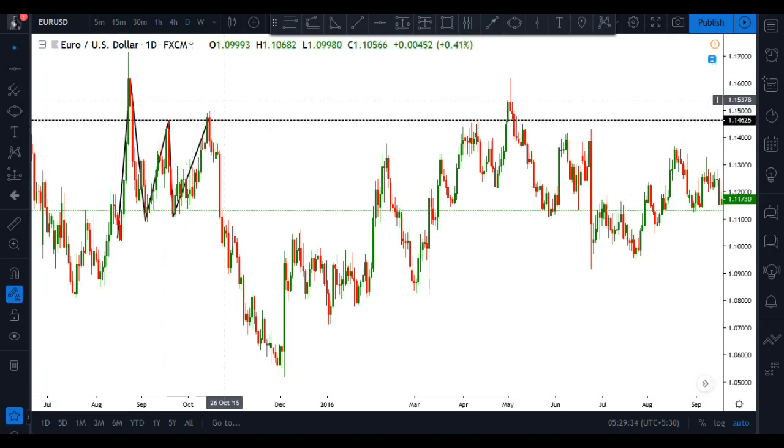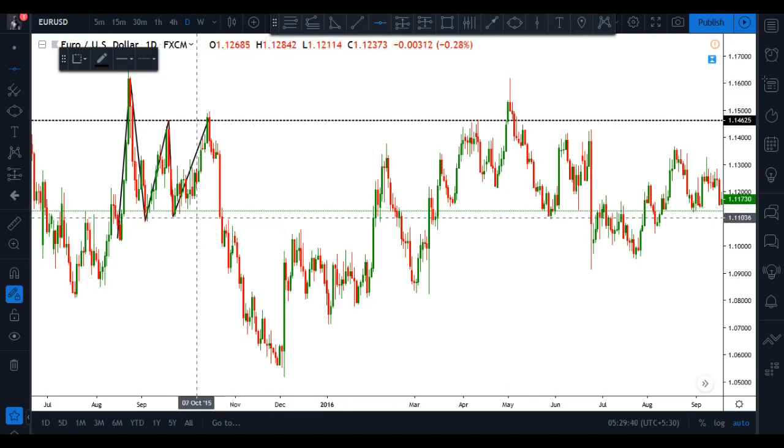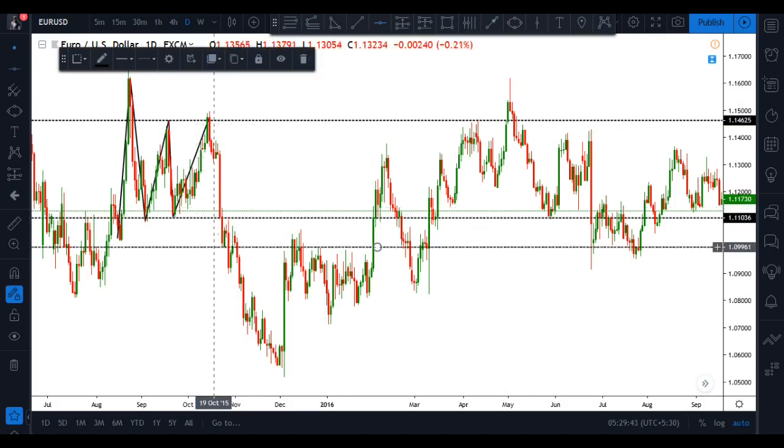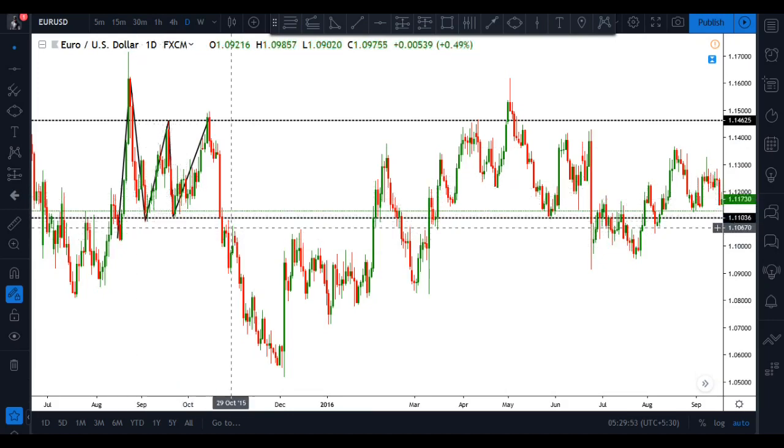At the same time, if I place a horizontal line at this point, as you can see, each and every time the market came down to this particular structure level, it pushed to the upside.